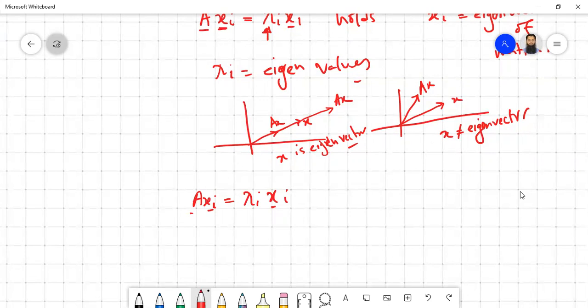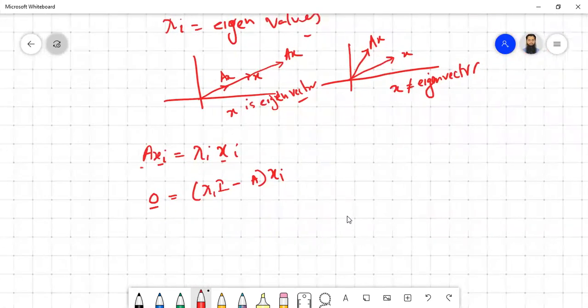If we take it to the other side, we get the zero matrix, obviously a vector, lambda I minus A into xi equals zero. Now, by definition, x cannot be zero, because if x is zero, then both sides are zero and it is always true. So x cannot be zero by definition.